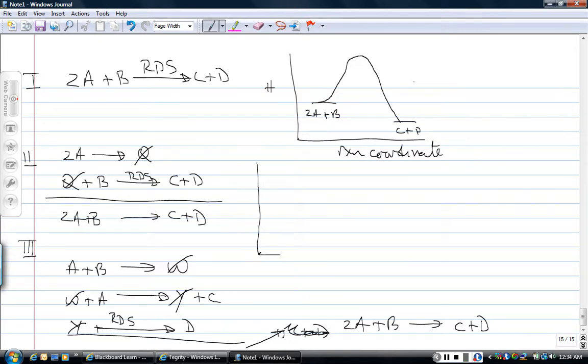Well, what about this one? This is a two-step reaction. It's still an exotherm, so I'm going to end up with C plus D, and I'm going to have 2A plus B. Well, there's an easy step that gives rise to Q, and then a difficult step.